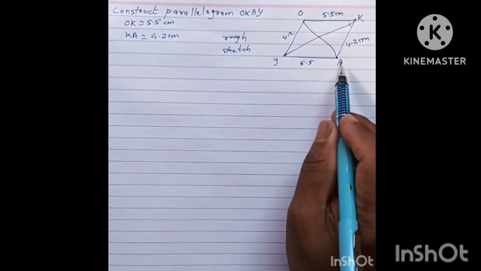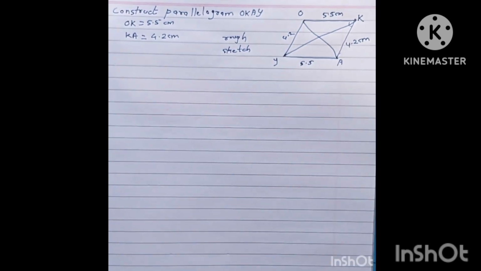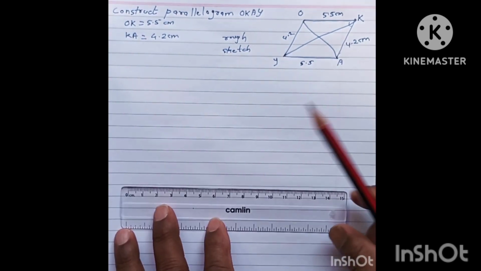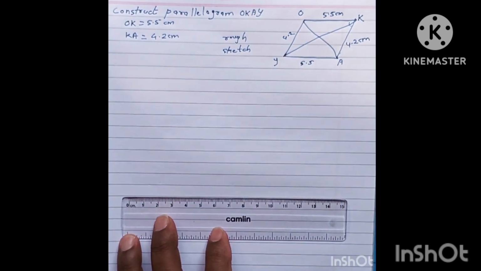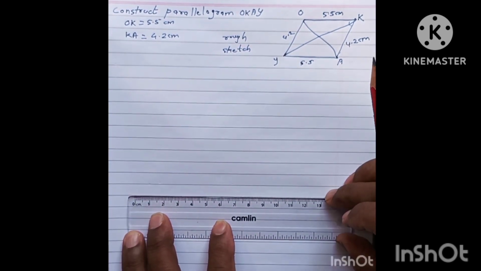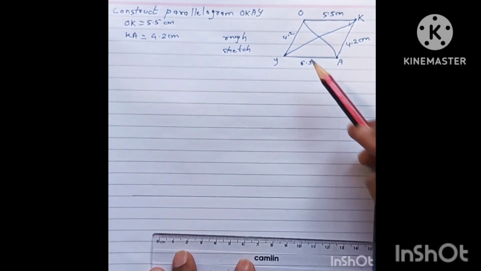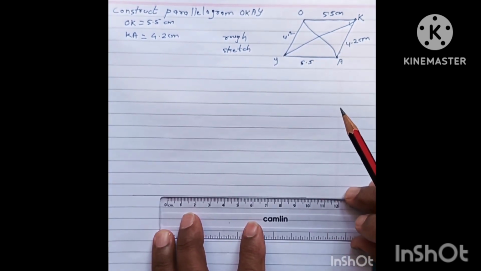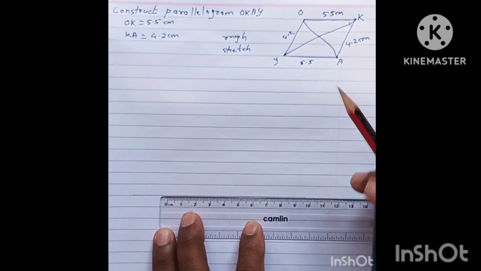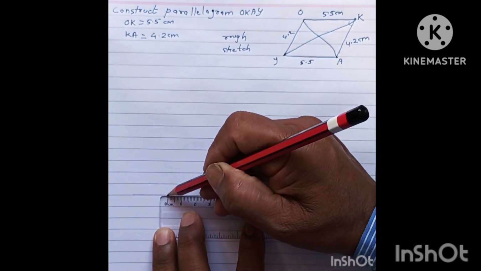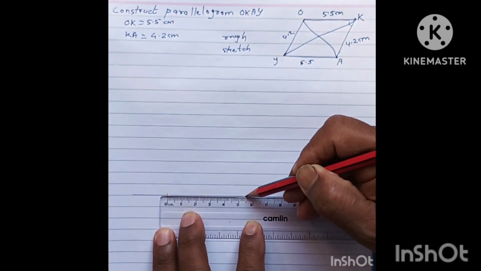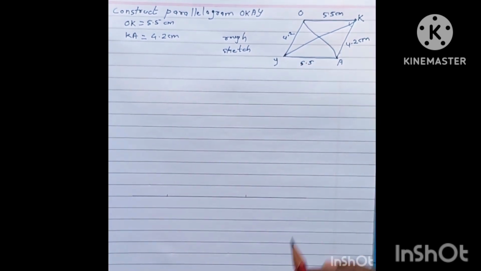Now start with YA as the base. Take that as 5.5, draw a line, and draw 5.5, and label the left vertex as Y and the right one as A.